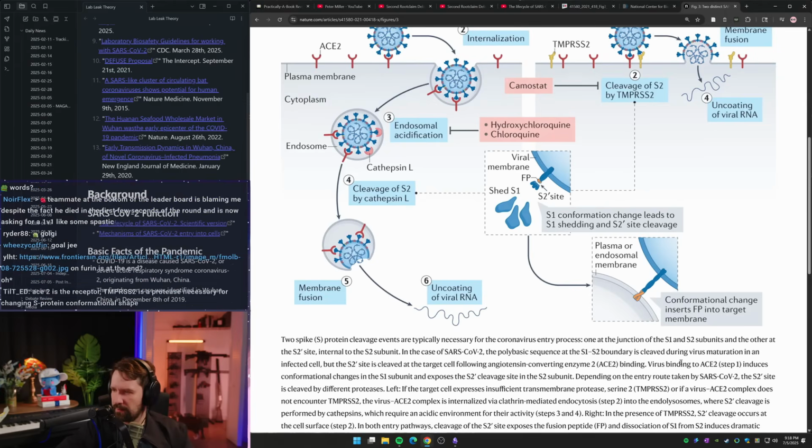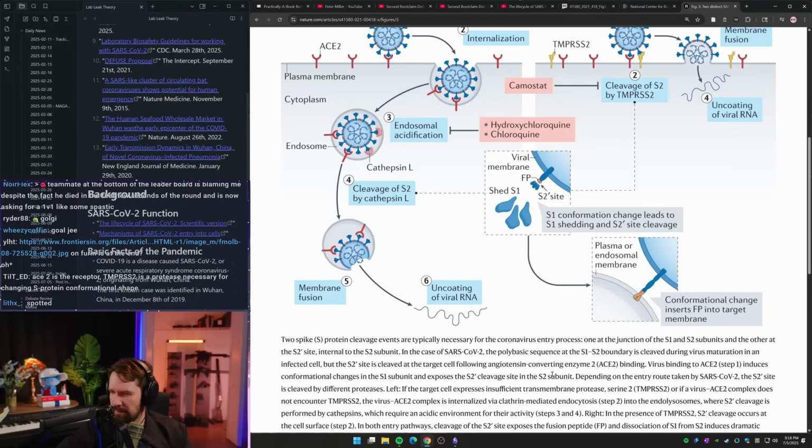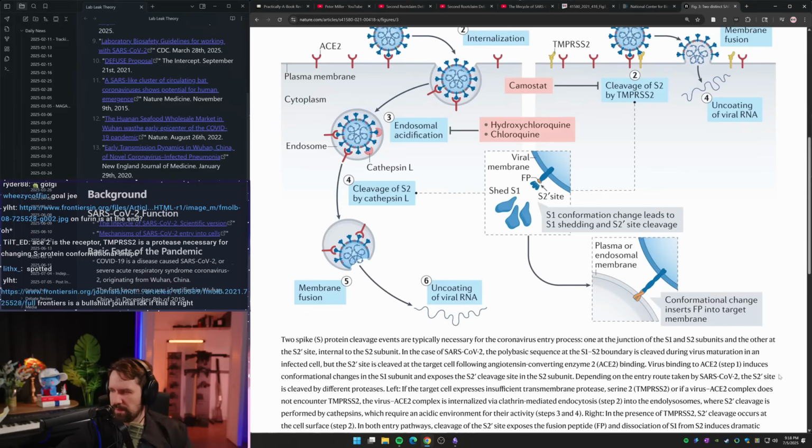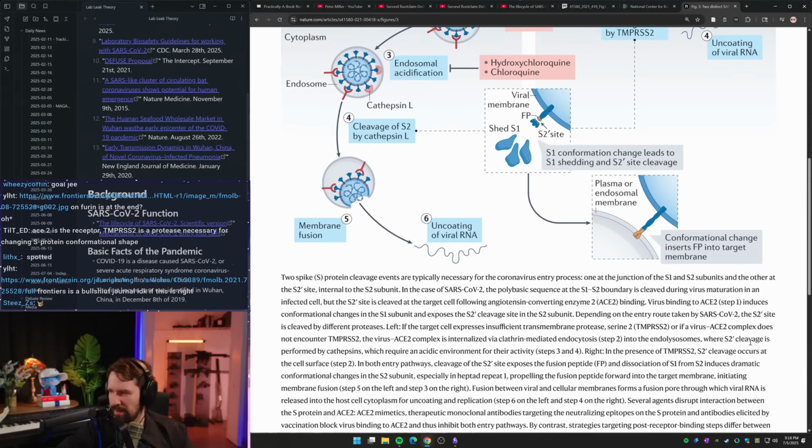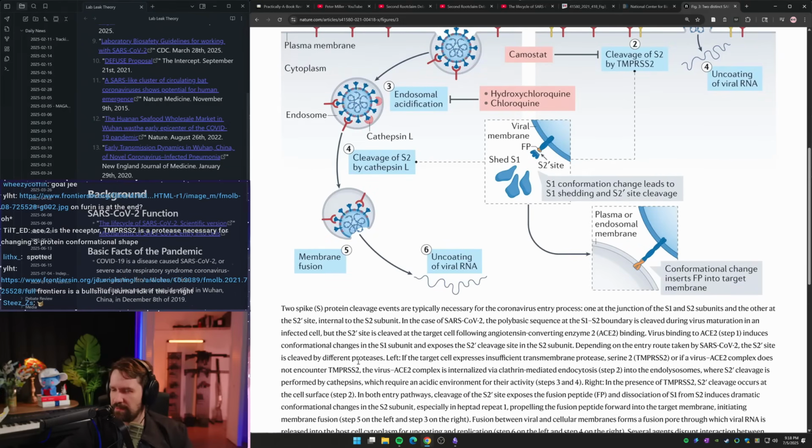Virus binding to ACE2, step 1, induces conformational changes in the S1 subunit and exposes the S2 prime cleavage site in the S2 subunit. Depending on the entry route taken by SARS-CoV-2, the S2 prime site is cleaved by different proteases.